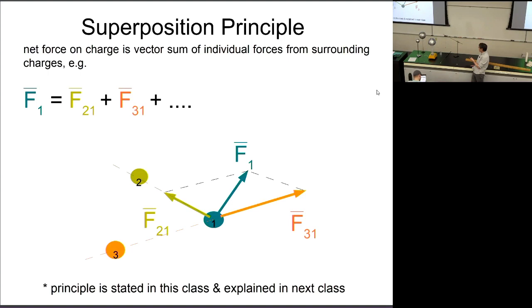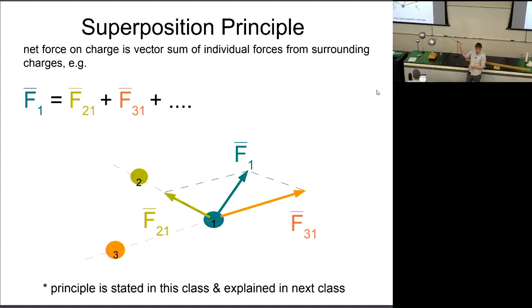Then this orange arrow is the force due to charge number 3. That must be a like charge because this is a repulsive force. These are the 2 individual forces, and you could get these 2 forces with Coulomb's law.